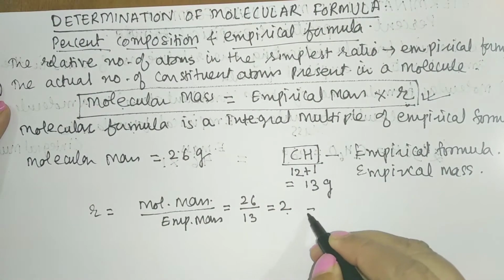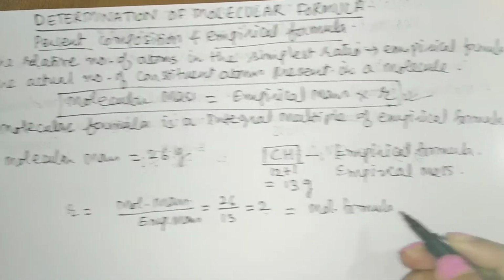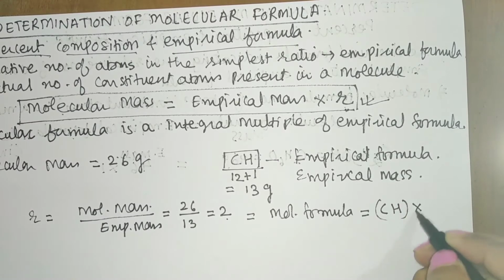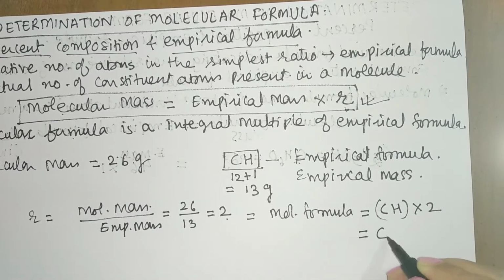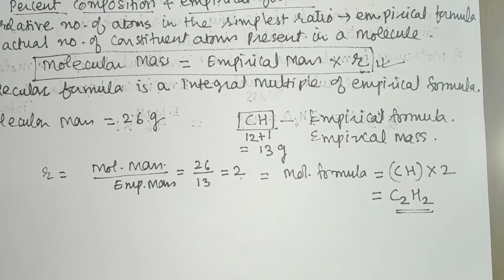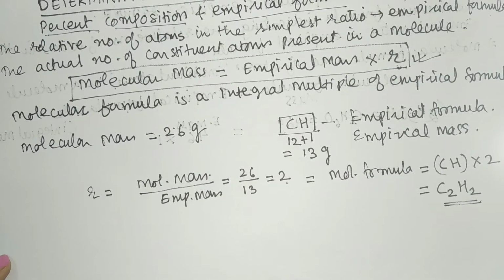So the molecular formula is equal to CH whole multiplied by 2. So the formula is C2H2. So this is how you do the calculations. There are some proper ways to calculate the empirical and the molecular formulas, so let us go in detail and make some calculations based on this.